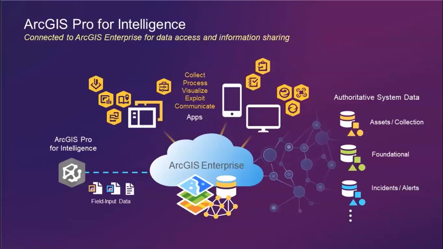So Pro for Intelligence gives you access to your enterprise for collaboration during your analysis, for information sharing with your colleagues, and more importantly, to disseminate your results to the decision makers in a timely fashion.